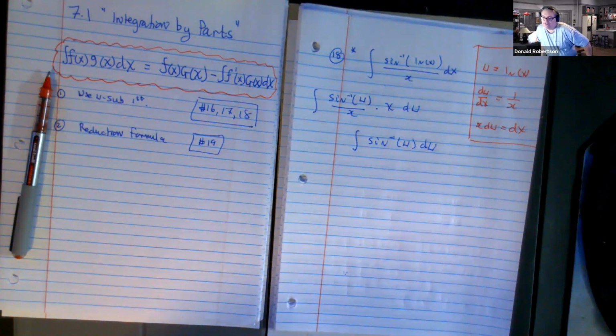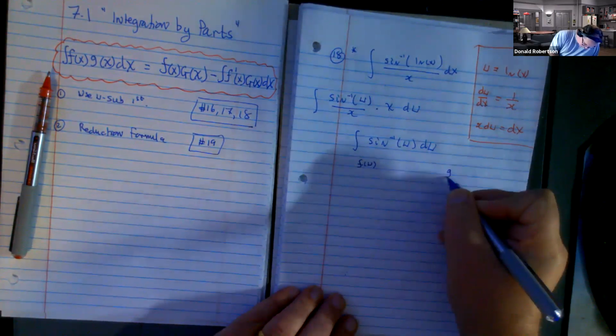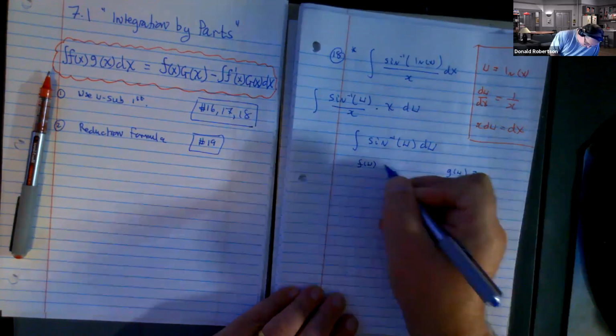That is integration by parts. I believe I called that situation 2: when you have an integral and there's only one term, you can still use integration by parts. Who do you use as f of u and who do you use as g of u?